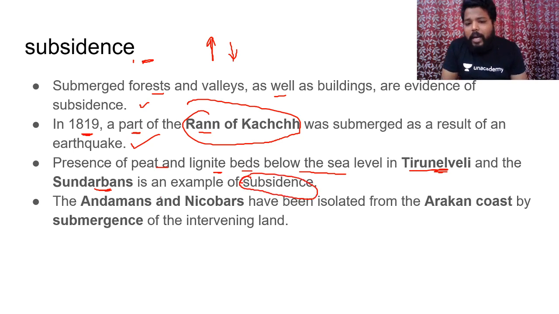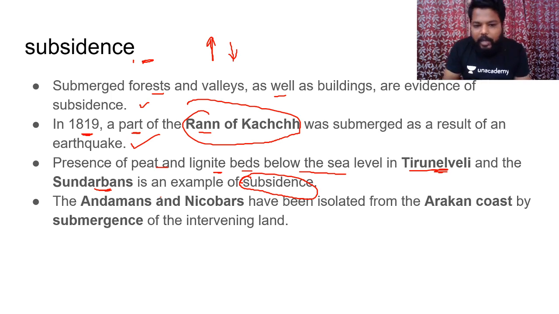The Andaman Nicobar Islands have been isolated from the Arakan Yoma. Arakan Yoma is nothing but the extension of the Purvanchals into Myanmar. They are called the Arakan Yoma. Whenever you see these Andaman Nicobar Islands, they appear like an isolated aspect from the Arakan Yoma coast.